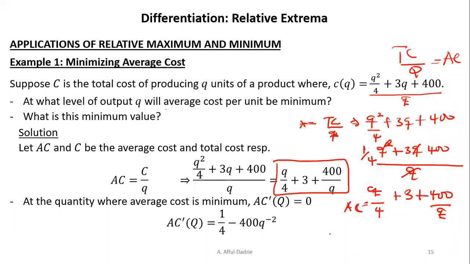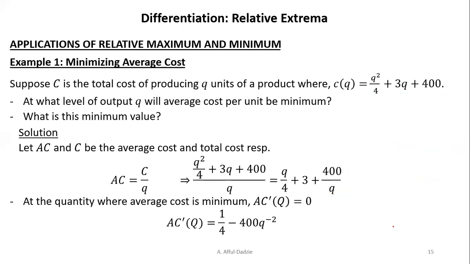All right. Having done this, we can take the derivative of this. So if you have to take the derivative of this, let's go ahead and try and do it. Now, you have this function here. Let's see how we can take the derivative of this. We have Q/4, so you can write it as 1/4Q plus 3.